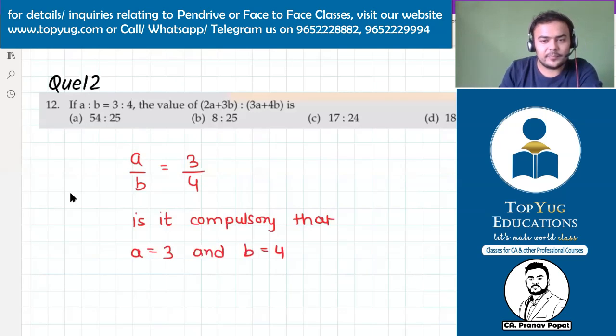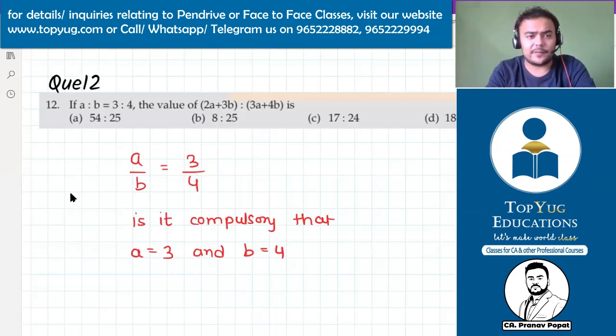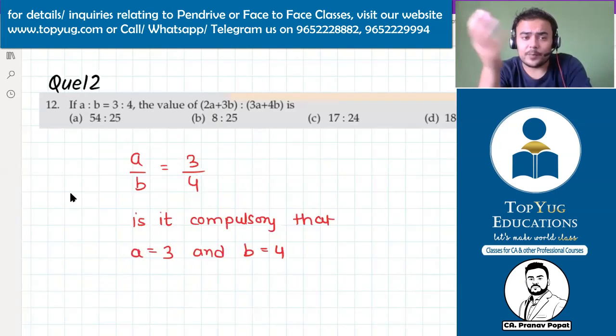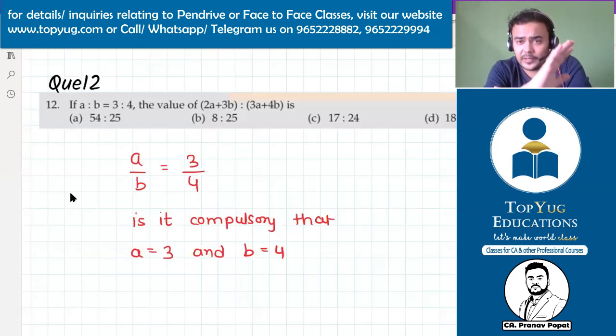Tell me, guys. Is it mandatory that if the ratio of two quantities is 3 ratio 4, the first quantity is necessarily 3 and B is necessarily 4? No, sir. It may be the simplest form of the ratio.